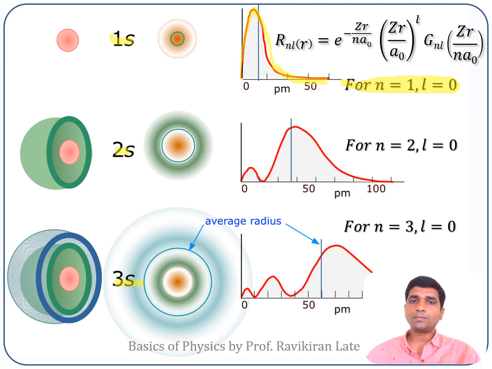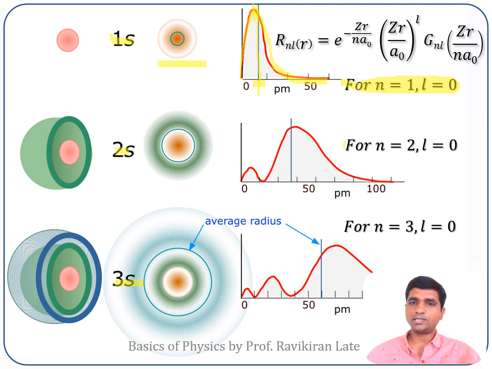It gives you the probability of finding the electron at this distance. The probability of finding the electron will be maximum in this region, and the shape of this region will be like this. So it is an orbital, with maximum probability of finding the electron within this region. It will be maximum at this point, which we call the Bohr radius.